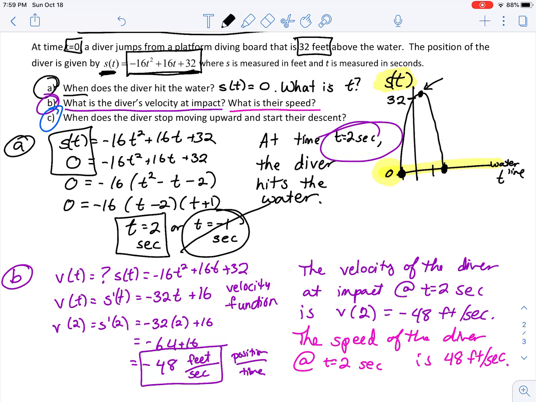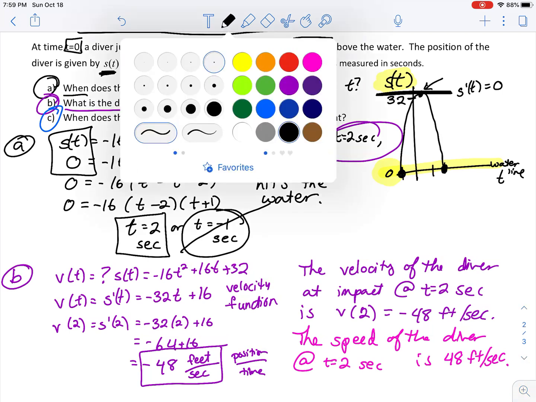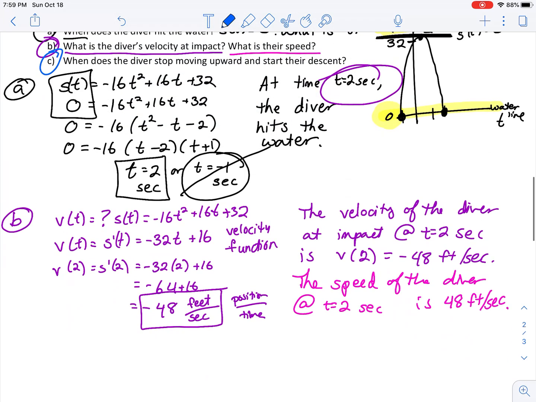Well, at a maximum, s prime of t is going to equal 0. That derivative, the slope of the tangent line, is going to equal 0 when you reach a maximum. So what is t when s prime of t equals 0?